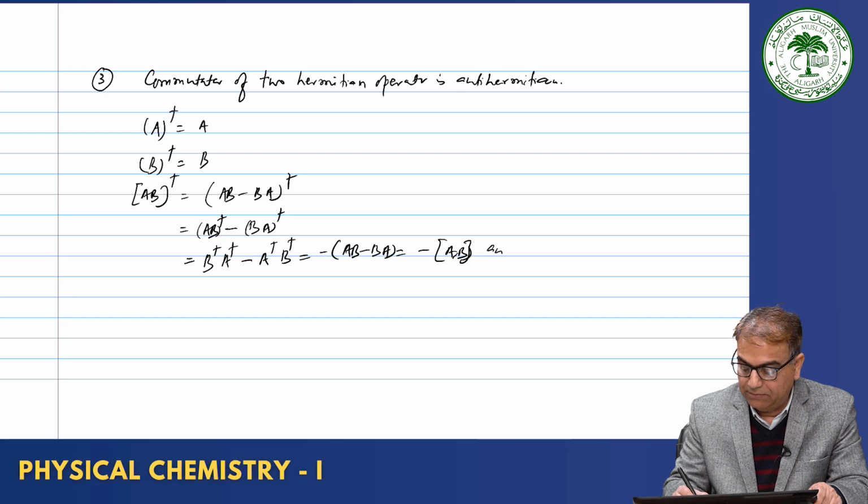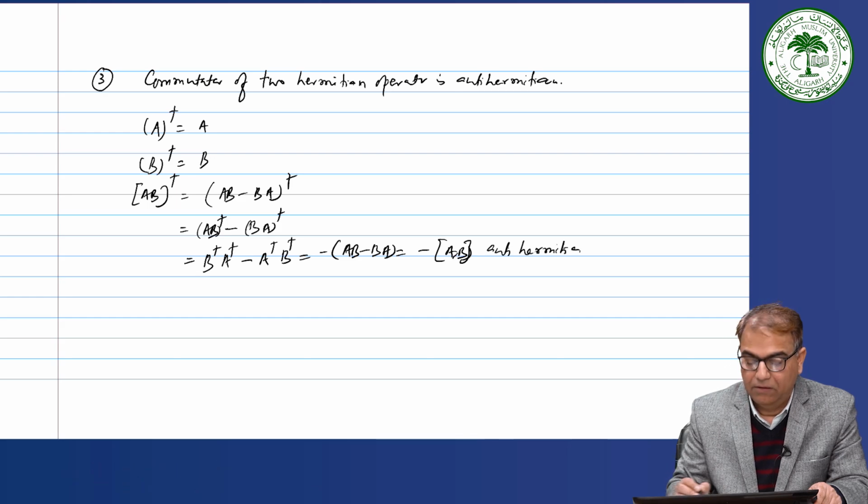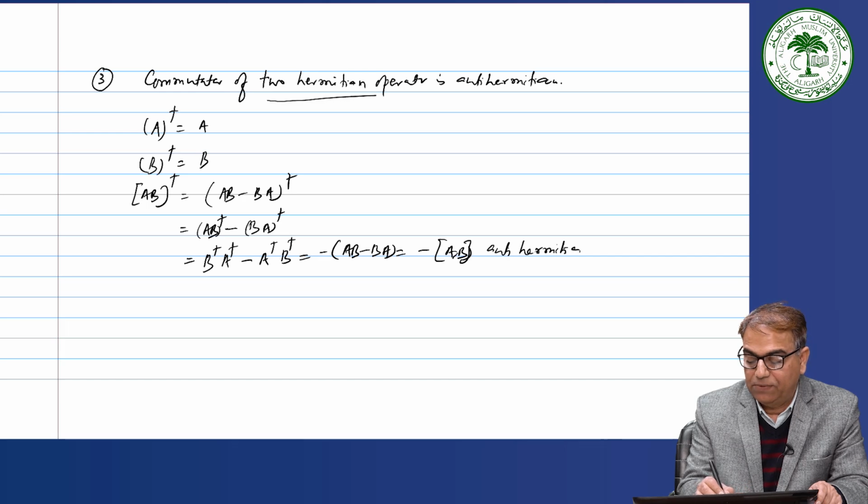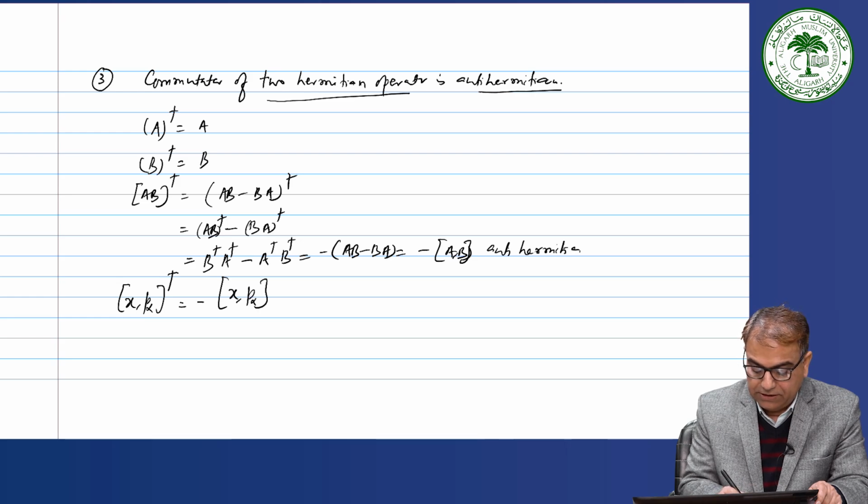So it is anti-Hermitian. The commutator of two Hermitian operators is anti-Hermitian. It means the dagger of the commutator of x and Px should be equal to minus the commutator of x and Px.